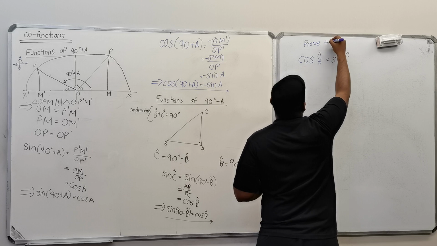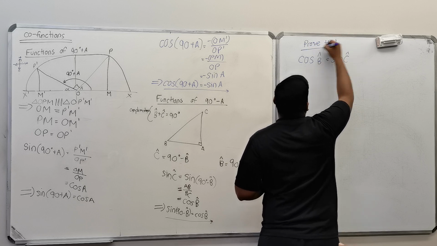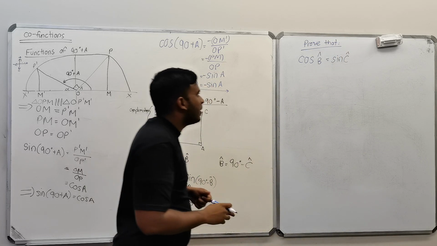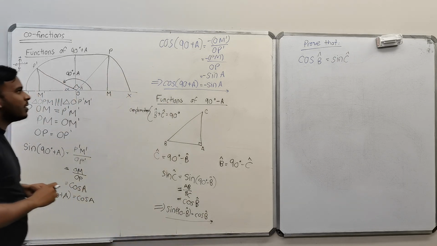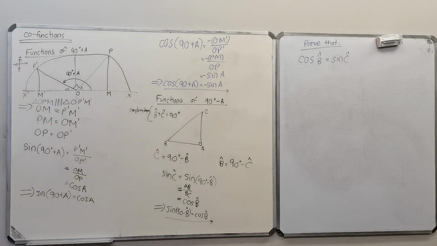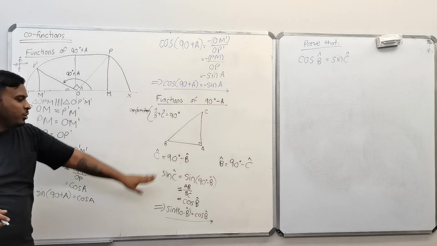Okay, so we draw the triangle, we write all that information. Then we start from where you left off. I just want you to do it like how I did this.